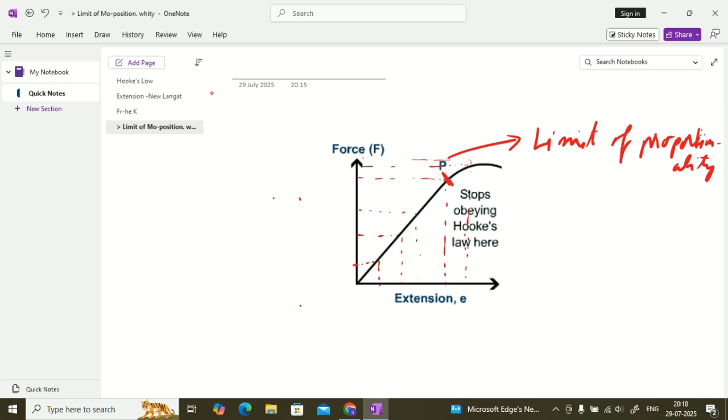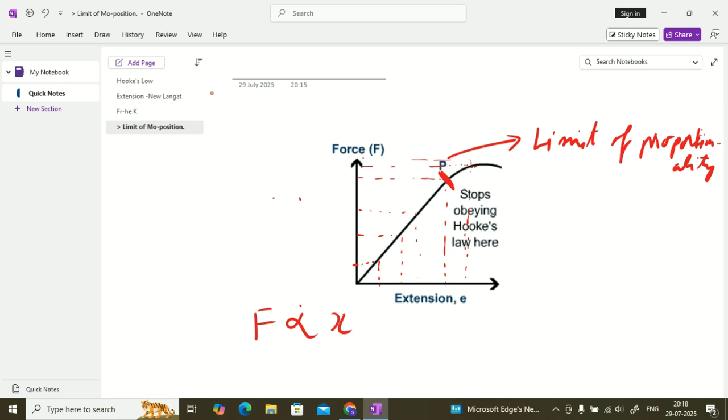So this point is called the limit of proportionality. We can go till some region over here, and then we can get a breaking region also, that we are not going to deal with now. So till here the spring is following Hooke's law. Hooke's law says that force is directly proportional to extension. So they are behaving so till point P.